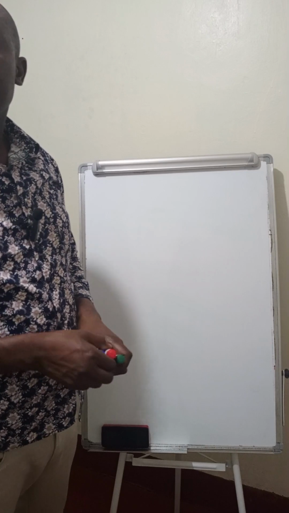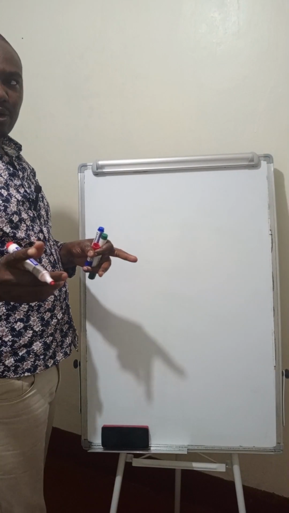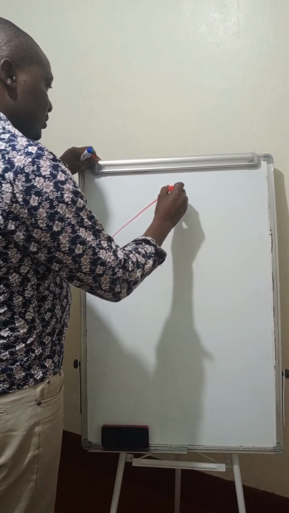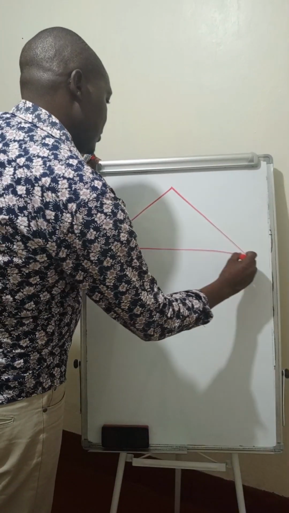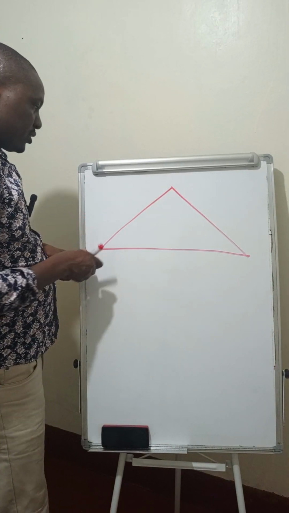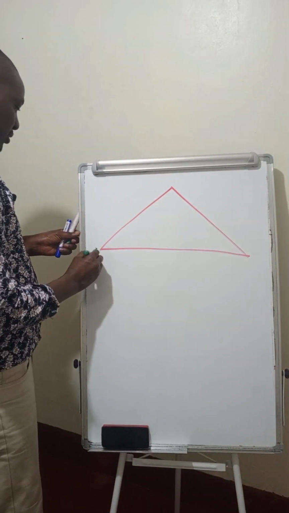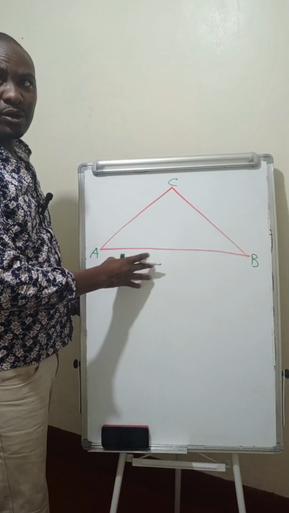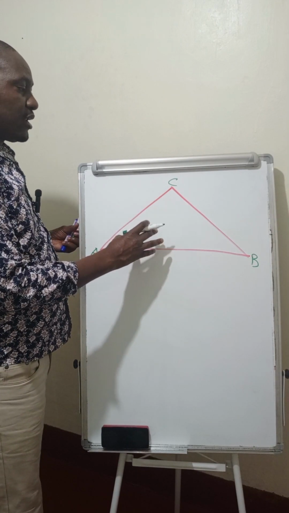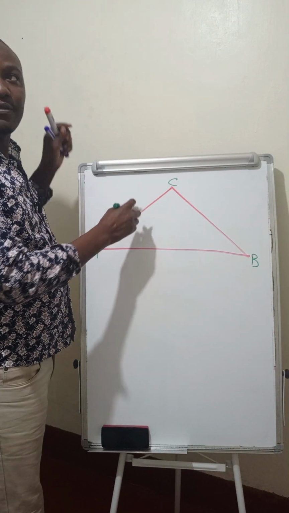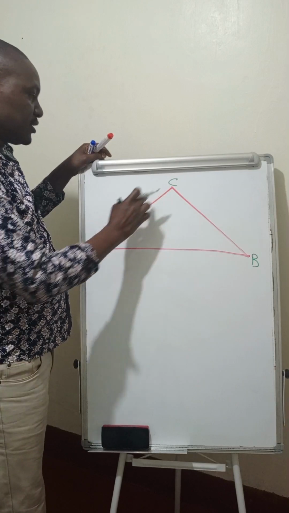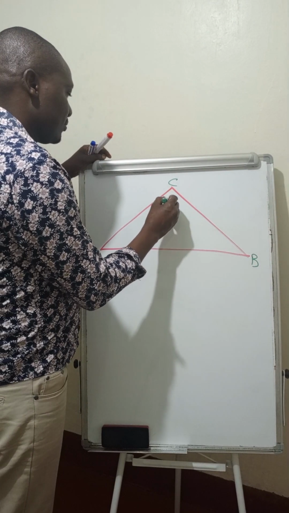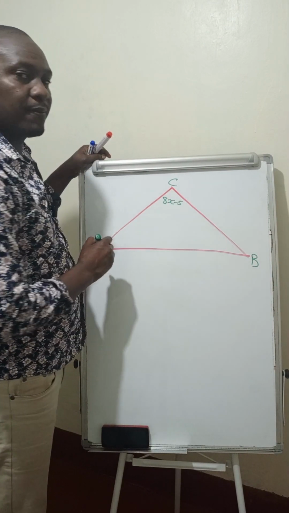Let's look at this. We have a triangle ABC. You just have your triangle. And in this triangle, we have angles here. Like this angle here, we have angle ACB to be 8x minus 5.